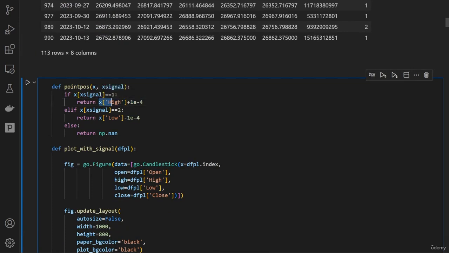I'm placing the purple point above the high of the current candle. And if we have a bullish rejection candle, I'm putting the point below the low, minus 1e-4. So these are just positions. It's generating positions for the purple points that we're going to use to display those signals on the chart.